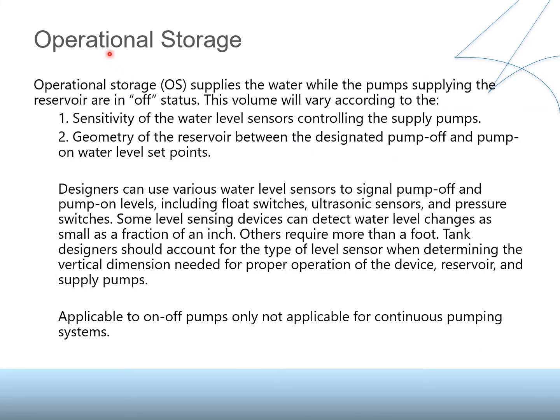Okay, so let's talk about these different storages. The operational storage supplies the water when the pumps supplying the reservoir are in off status. So when the pumps are not working, then you need to supply the water from that operational storage.